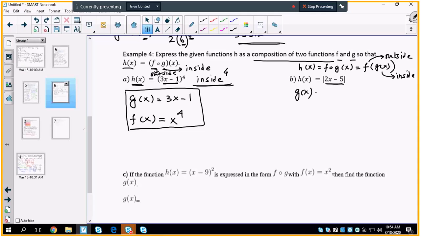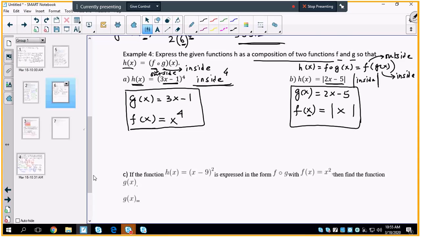It's 2x minus 5. And what you have done to the inside? You just wrapped it in the absolute value. That is going to help you understand the outside function. In the outside function, the inside is x. Wrap it inside the absolute value, and you got your outside function. And that answers your decomposition question.